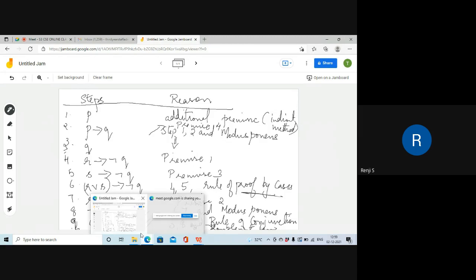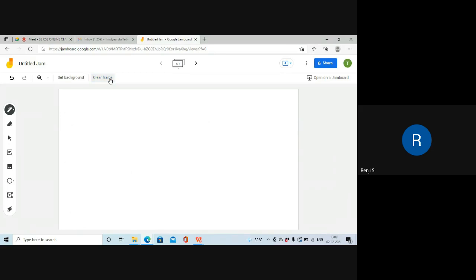So thus you have reached a contradiction, and so below that you can write, thus a contradiction has been reached. Below this, after the 10th step you can write, thus a contradiction has been reached, and the additional premise P is false, which implies that not P is true.